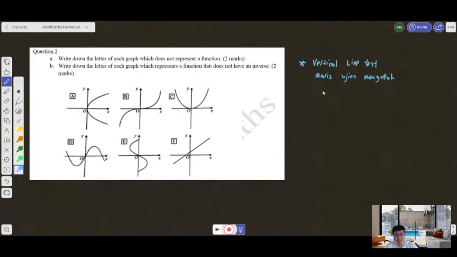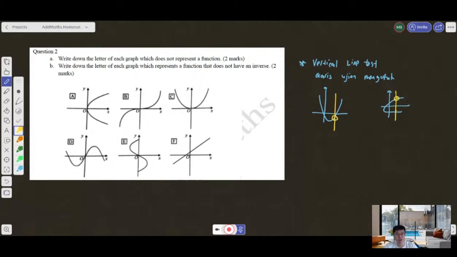Okay, vertical line test. So if I have a curve, let's say the curve is like this, and another curve is like this, and I draw a vertical line test. A vertical line test means a straight line. I draw like that. This one touches the curve at 1 point.